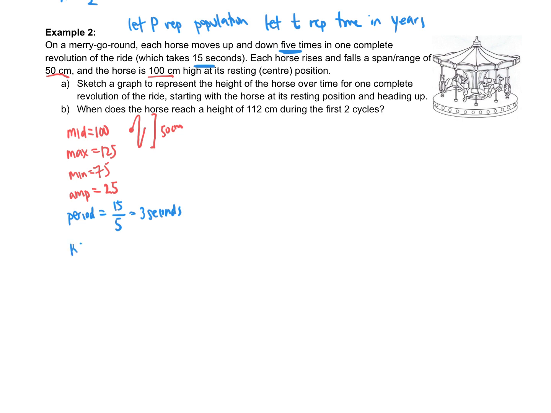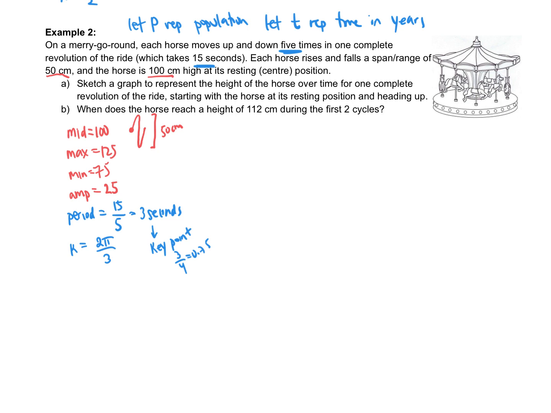Which means our k value would be 2 pi divided by the period. And in terms of my scale, when I draw my graph, the key point is going to occur 3 divided by 4, every 0.75 seconds. And we are told that we're starting at the resting position and heading up.